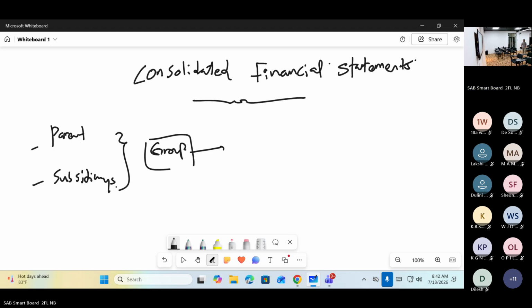You have a note now, and the note clearly mentions what the process is. Now we are going to discuss consolidation adjustments. We have two types of consolidation adjustments. What are they? Pre-acquisition and post-acquisition.